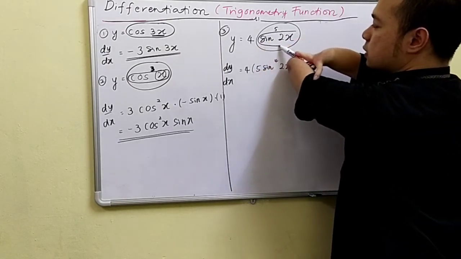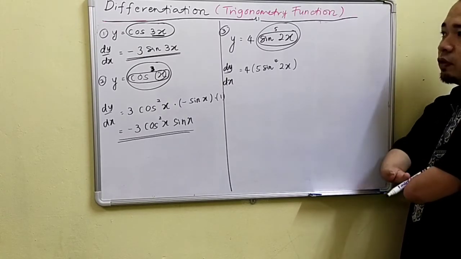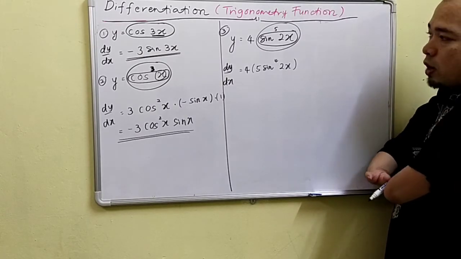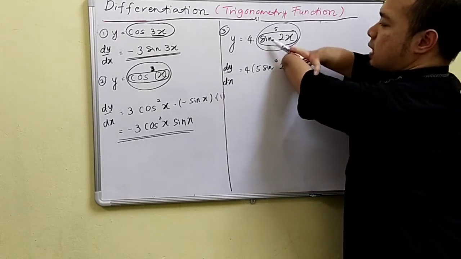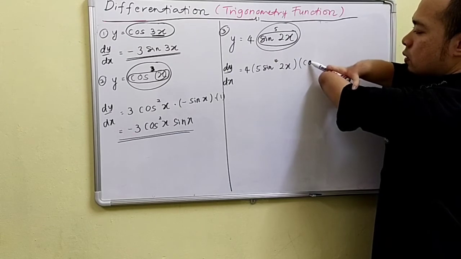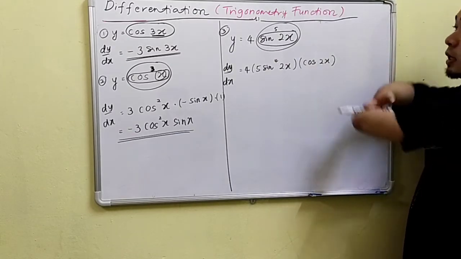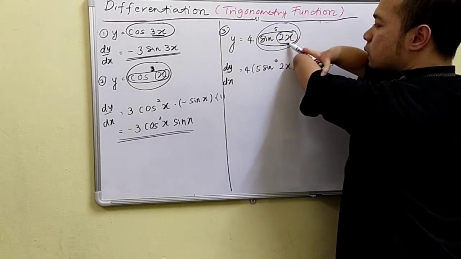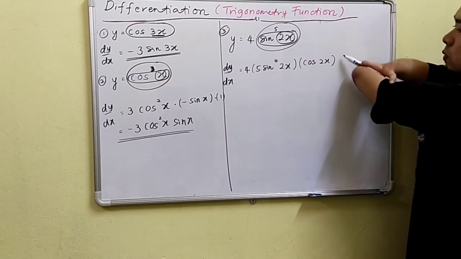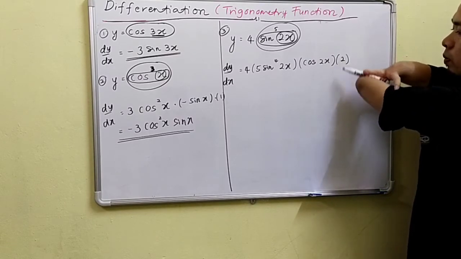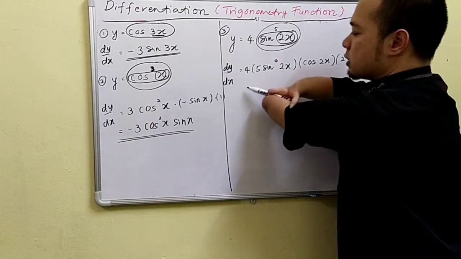Second, inside. Now look at the function. The function is sine 2x. Differentiate the function sine, we will get cos 2x. And another one, 2x. Differentiate 2x, we will get 2. Simplify everything.